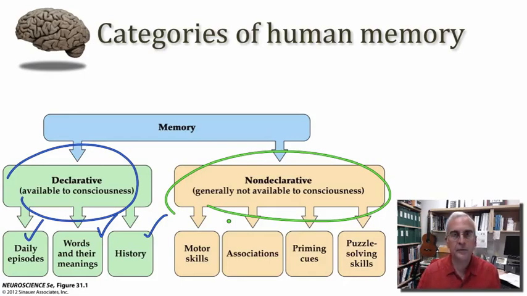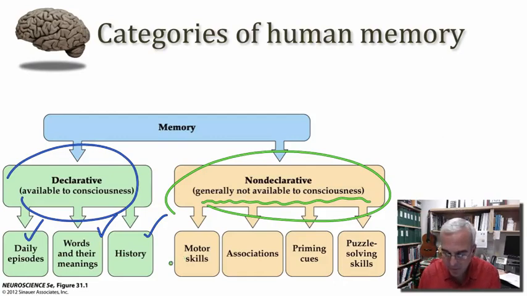But I think it's helpful to make this broad point that it's important to differentiate from declarative memory these other forms of memory. These are forms of memory that, generally speaking, are not available to consciousness. That is, it's much more difficult to access our lexicon, to put our semantic labels upon the content of this memory.